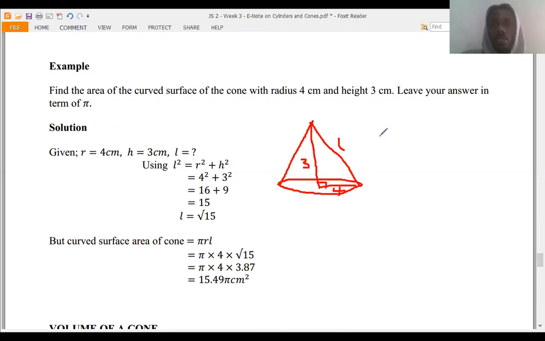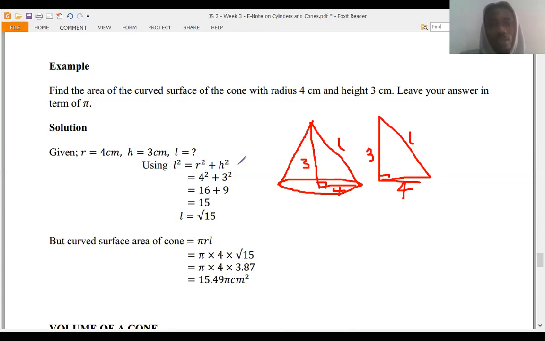By the time I extract the triangle in that cone, you observe that the triangle is a right angled triangle, something like this. Don't mind my shape. 4 and 3. So now we need to apply previous knowledge. In a right angle triangle, how do you solve for an unknown side? Yes, using Pythagoras theorem. That is correct.